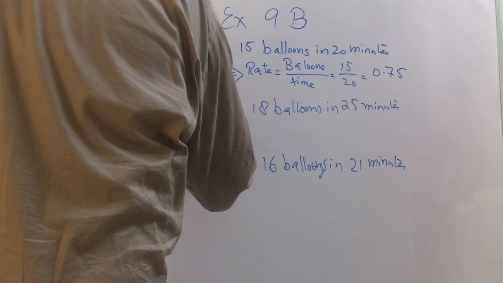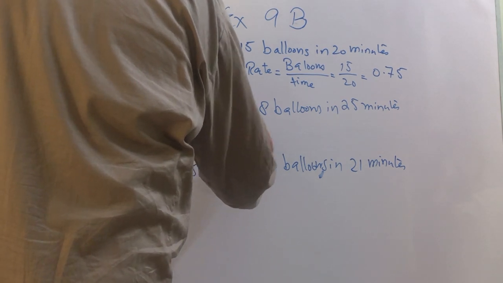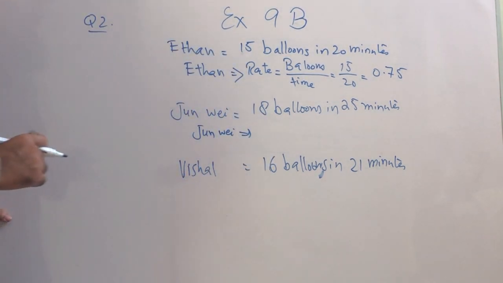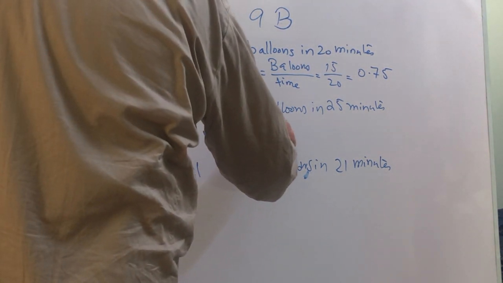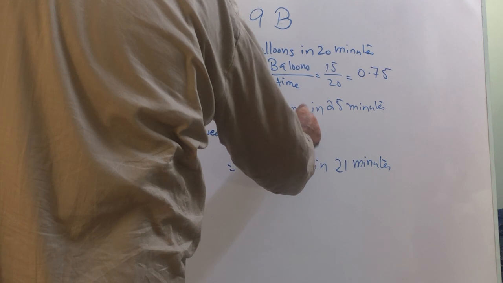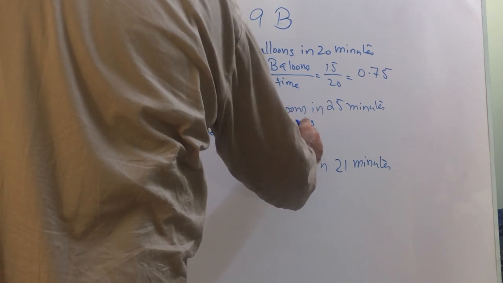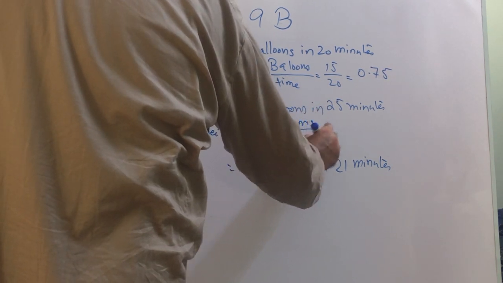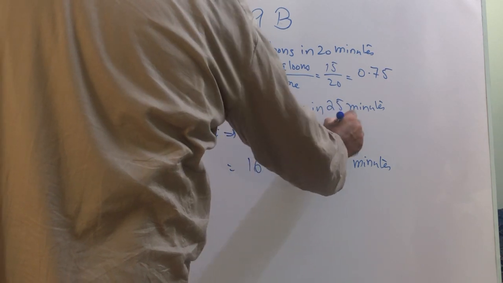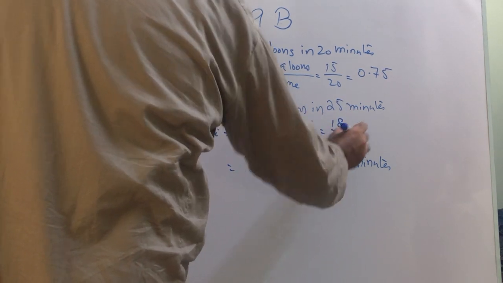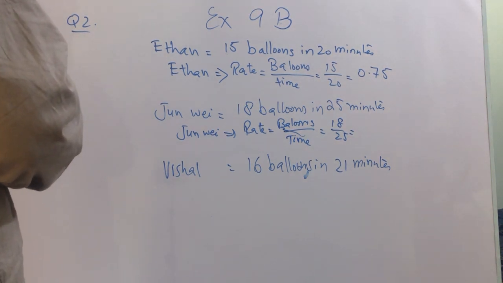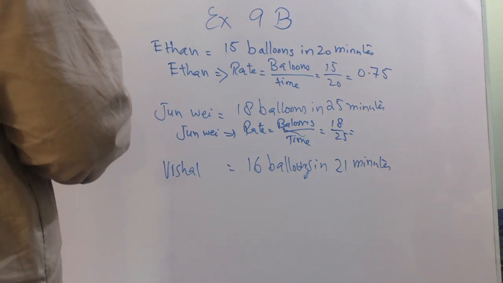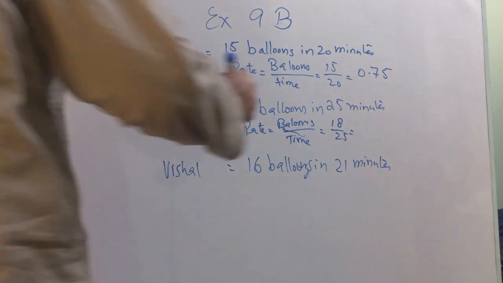For Junwei, it is the same thing, rate, balloons over time. Balloons how many? 18 over 25. It becomes 18 divided by 25, 0.72.